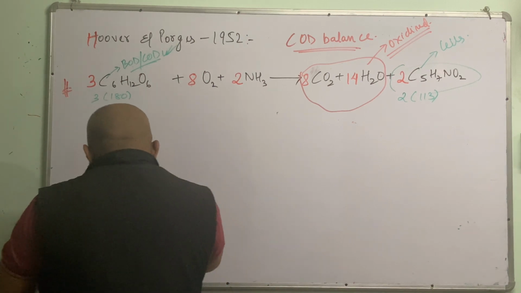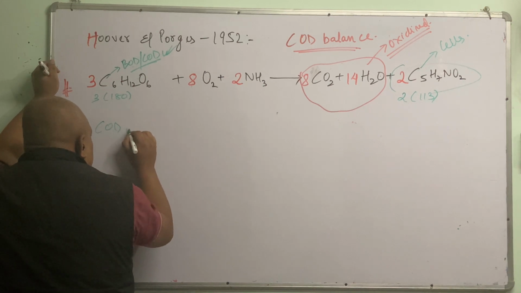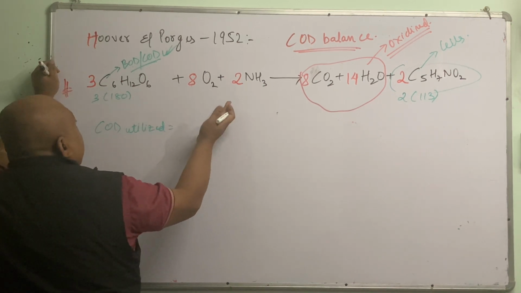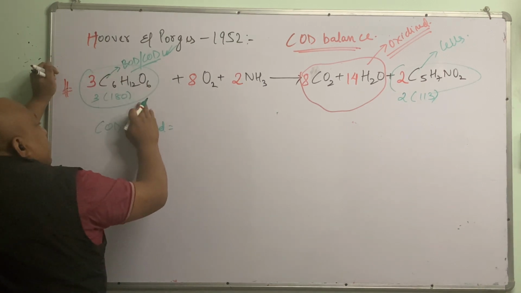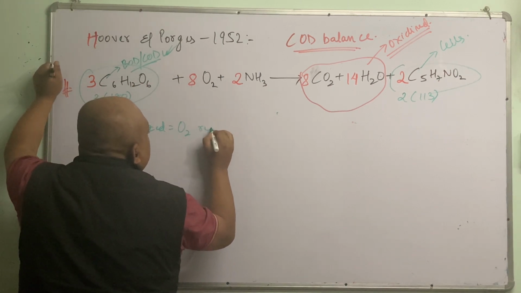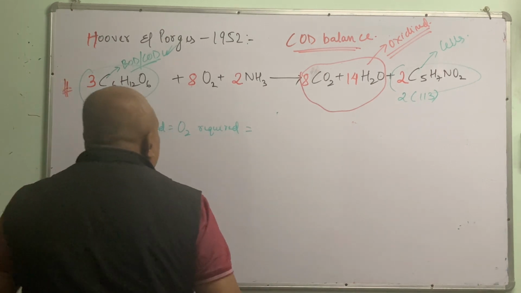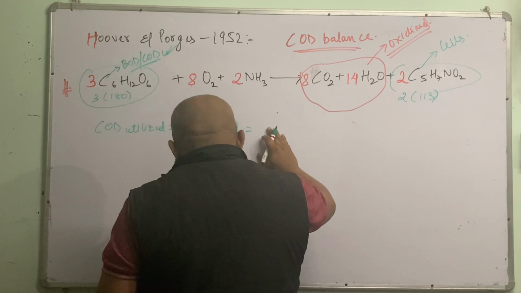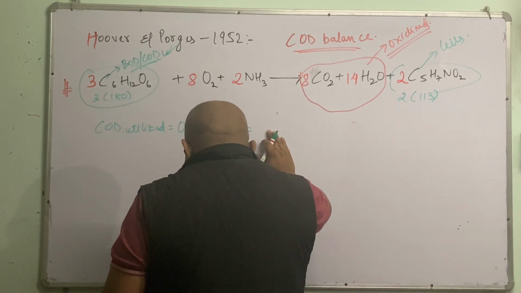So COD utilized. COD utilized means what? Am I correct? COD utilized, in another term, means how much oxygen is required. How much oxygen is required is the COD utilized minus the COD of cells.